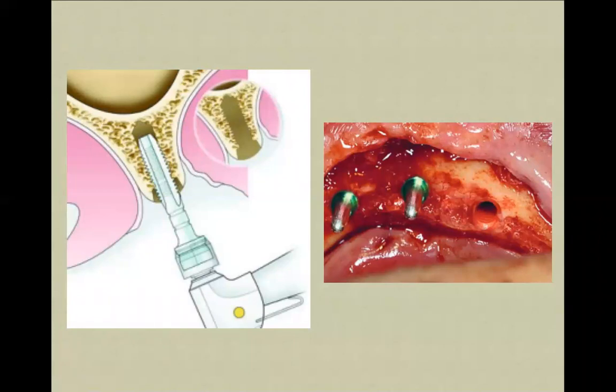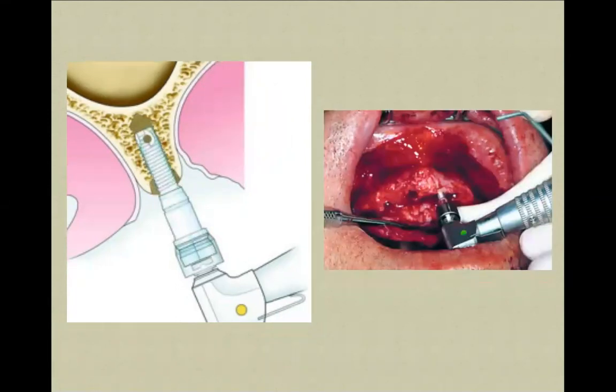So these internal threads will be fitted to the threads of the dental implant. The aim is the same. You just want to release the dental implant from additional unnecessary mechanical loading. Okay, but again, for the maxilla, very rare. For the mandible, sometimes.